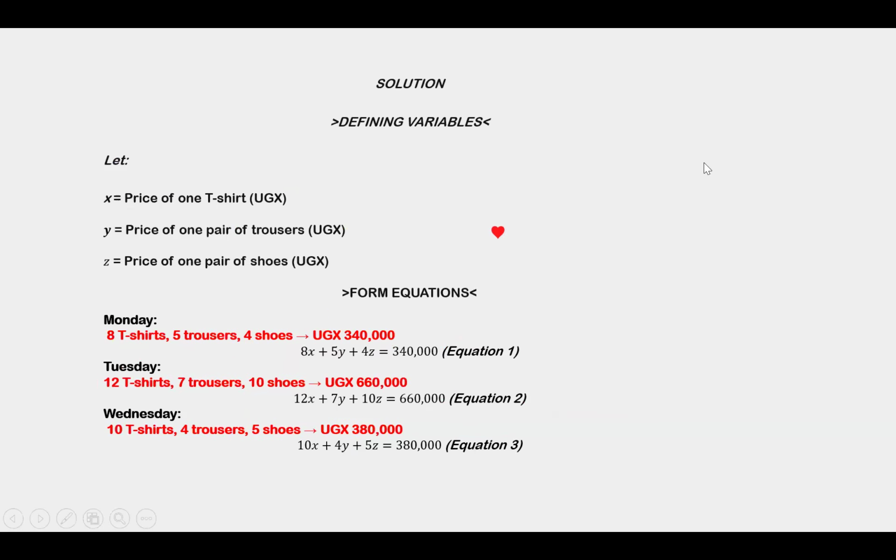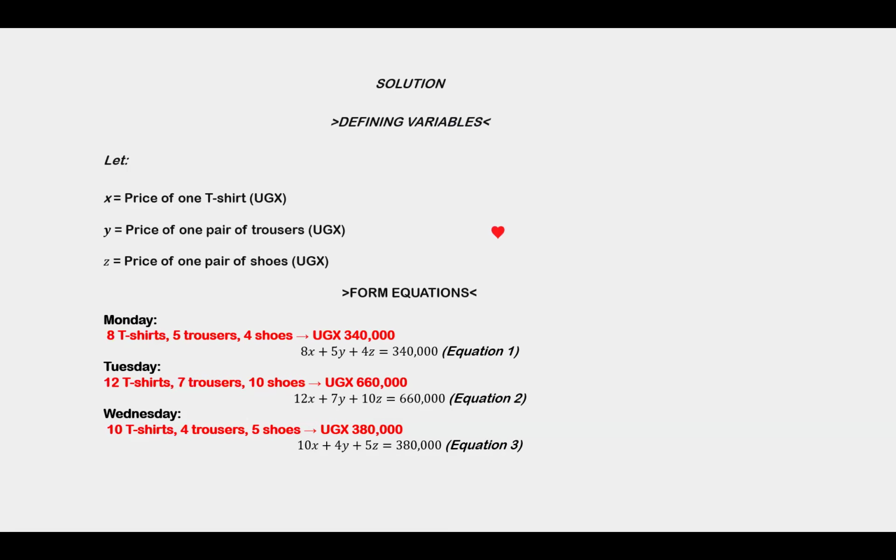So once you have been able to define your variables, letting the different commodities be unknown letters, in this case X, Y, and Z, you're going to start by forming your equations. We have three equations here, one representing Monday, another Tuesday, another Wednesday. The first equation represents the data collected on Monday, whereby we have 8 t-shirts, 5 trousers, 4 pairs of shoes, which all total to 340,000 Uganda shillings.